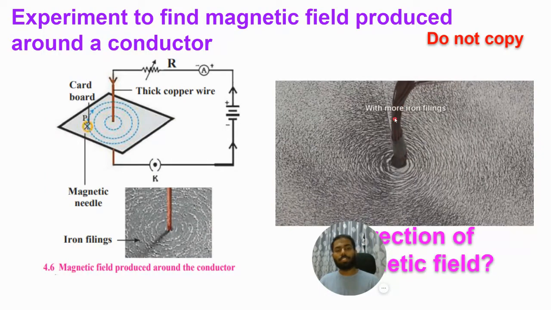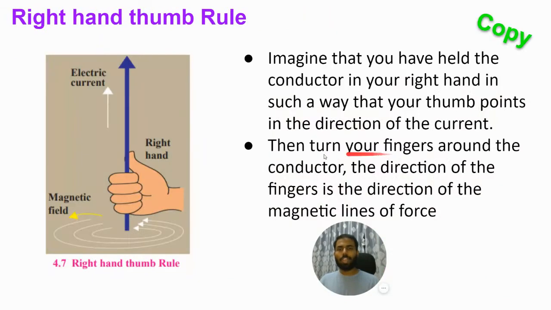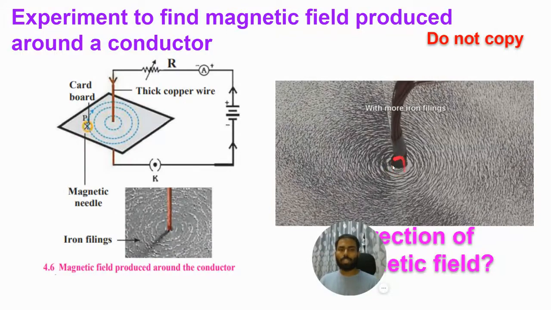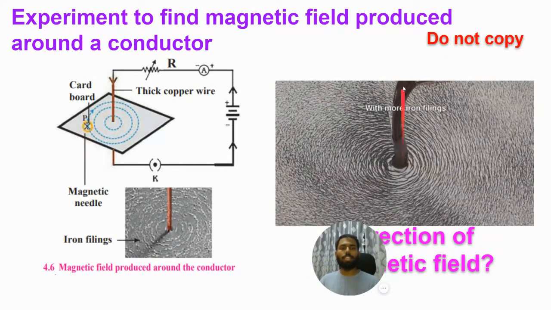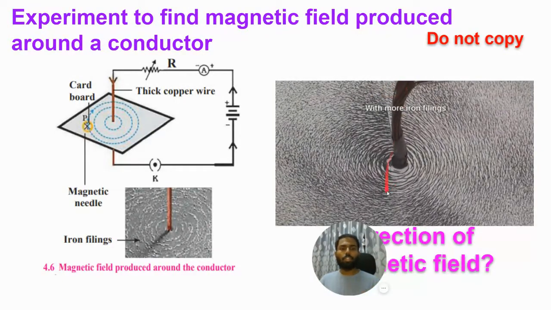Okay, from this conductor itself the current is flowing, right? So if this conductor is in your hand, how can the current flow here? It can flow from bottom to top, or it could be in the opposite direction, from top to bottom.